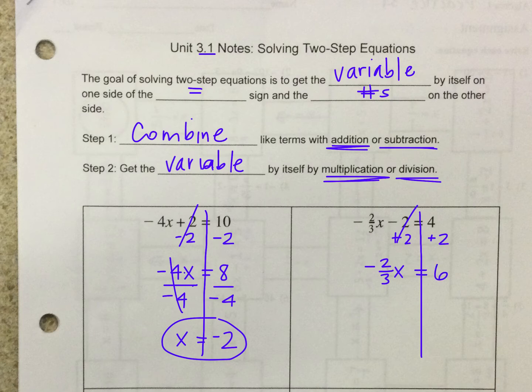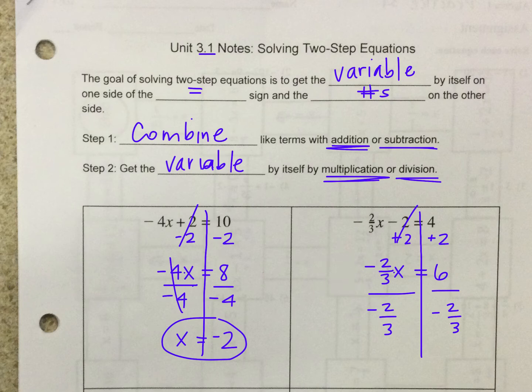All right. What's going on between that negative 2 over 3 and the x? Well, we know it's multiplication. So I'm just going to divide by negative 2 over 3. You could also flip it and say negative 3 over 2 and multiply, whichever way you are more comfortable with.